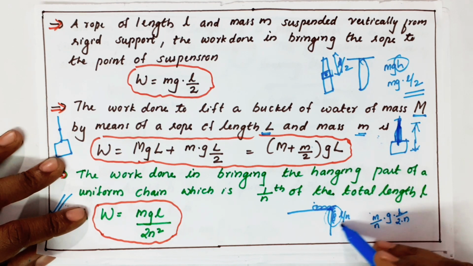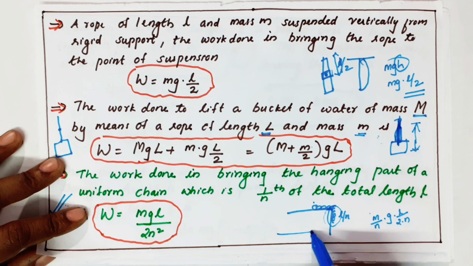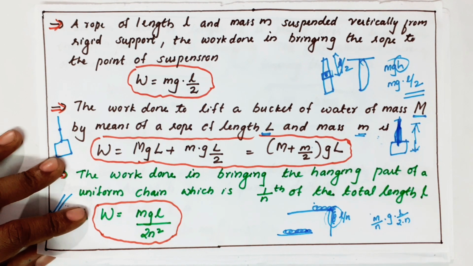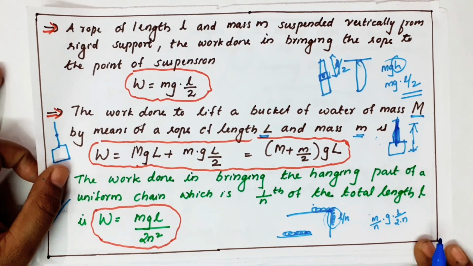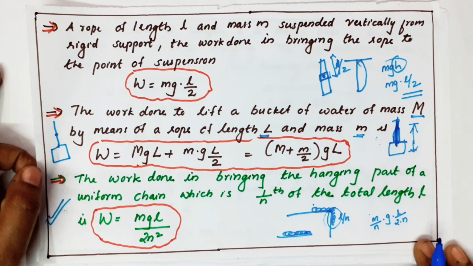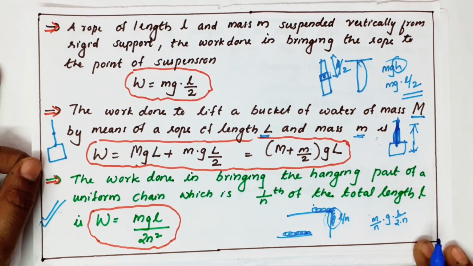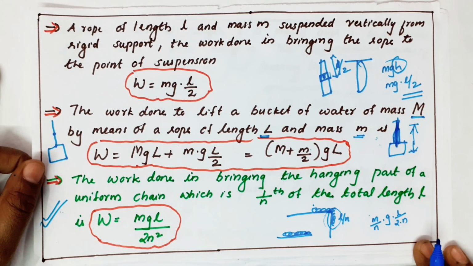What is the work done to pull it up? It means that after pulling it up, the total chain is lying on the table, not in the hanging part. So in those cases, it will be mgL by 2n square. Work done in bringing the hanging part of a uniform chain, which is 1 by nth of the total length L.